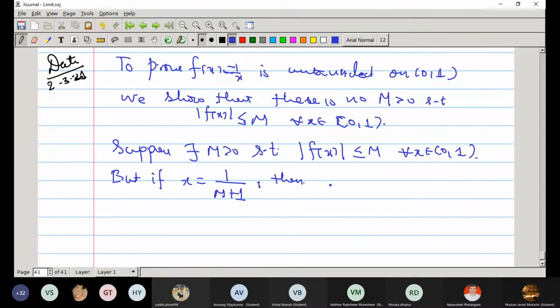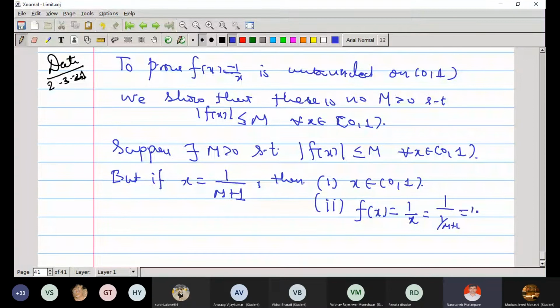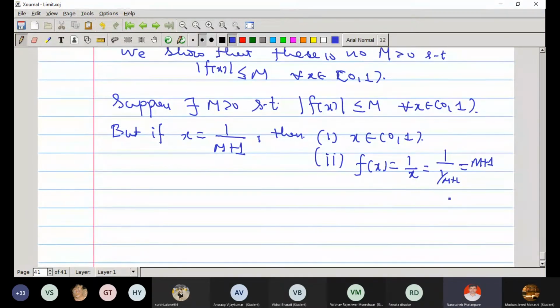Is x in (0,1)? Yes. And what is f of this x? It is 1 upon 1 by m plus 1, which is m plus 1, which is greater than m. Contradiction.